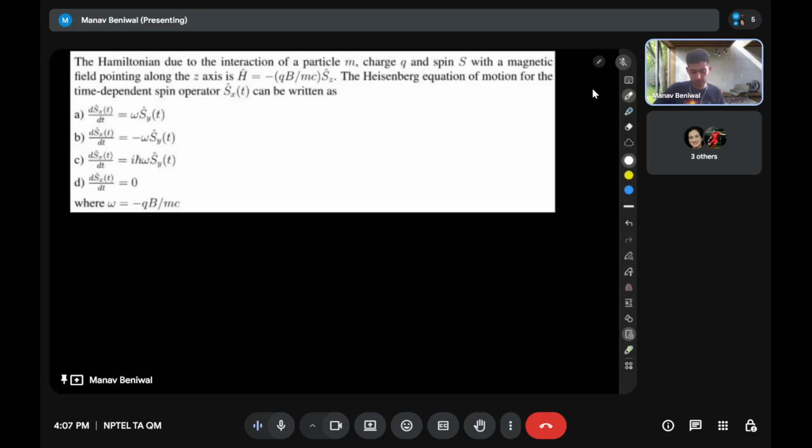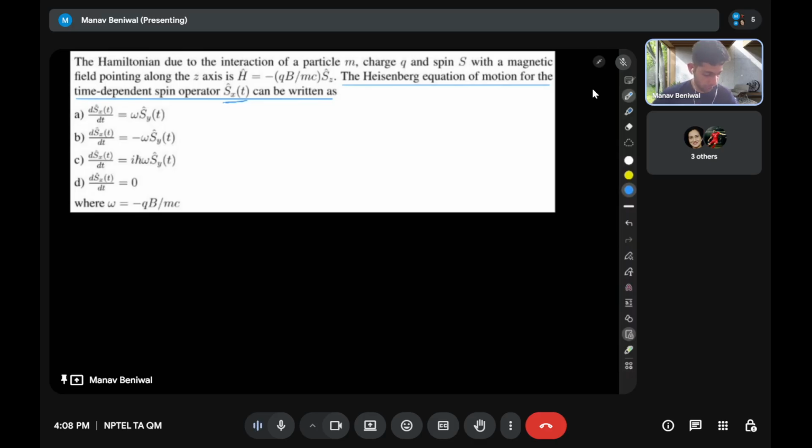No problem. So let's solve a few problems based on the material discussed for this week. For the first problem, we are asked to write the Heisenberg equation of motion for the time dependent spin operator S of x. Note that we are asked about S of x.